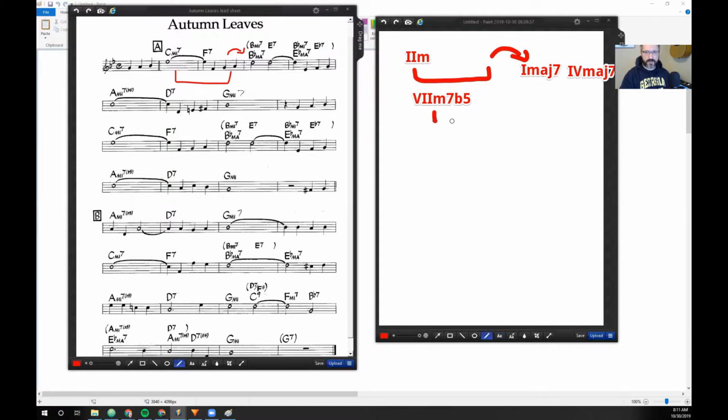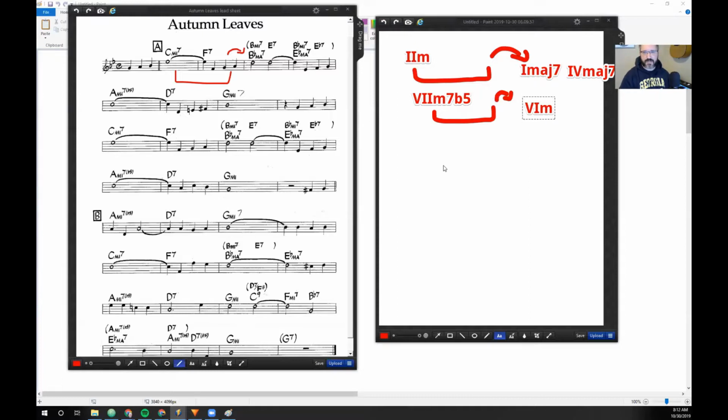It's a minor 2 5 of 6. Okay, so I've got an implied 2 5 here because of the bracket resolving to 1, 4, and then 7, 3 dominant moving to 6, or 2 5 of 6.